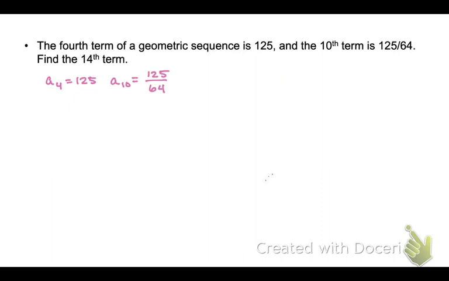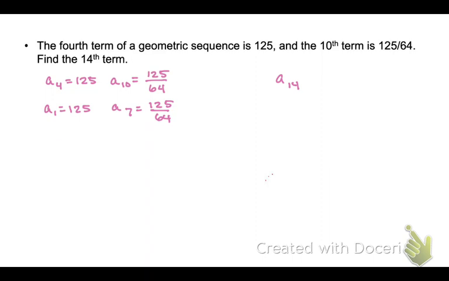So I need to write a definition first and plug in 14, right? So how did we do these with the arithmetic? We took the 4 back down to 1. So a sub 1 equals 125. So that would make this a sub 7. Oh, yes. Okay.